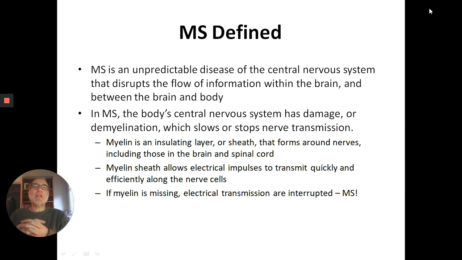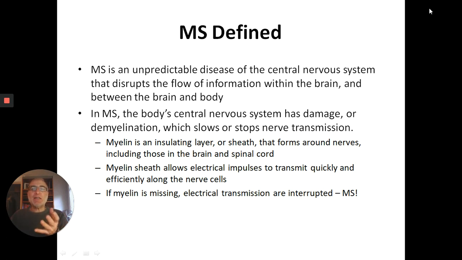So let's start with MS defined. MS is an unpredictable disease of the central nervous system. It disrupts the flow of information within the brain and between the brain and the body. In MS, the body's central nervous system has damage, what's known as demyelination, which slows or stops nerve transmission. So literally, because the myelin has been demyelinated, the signals can't get through.